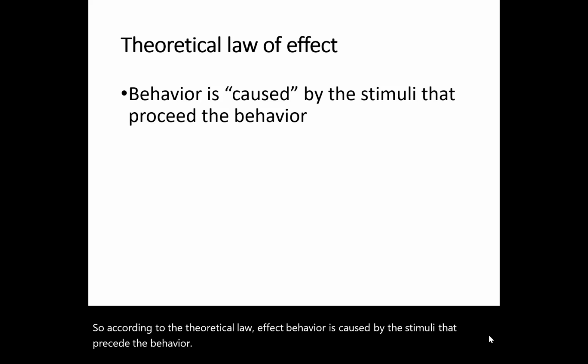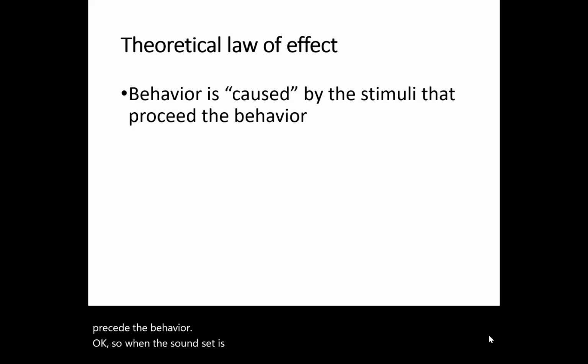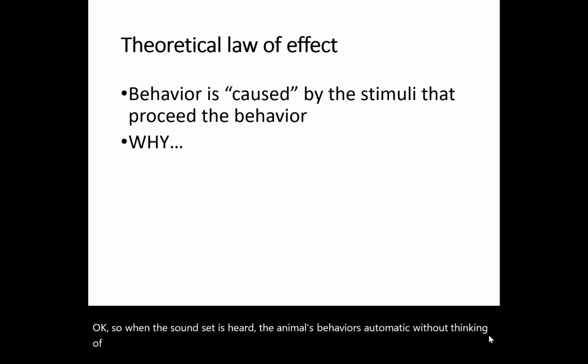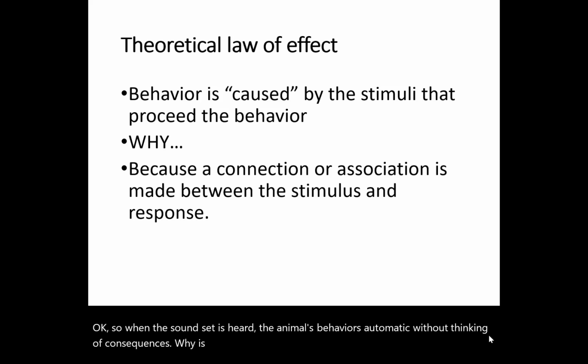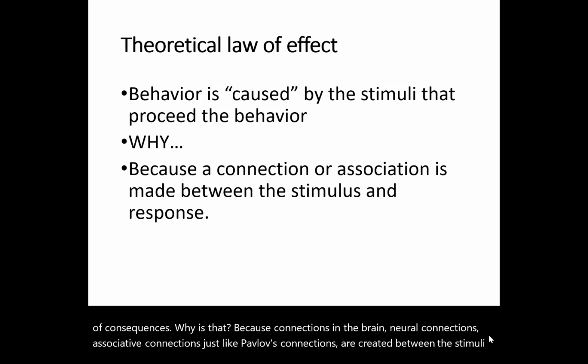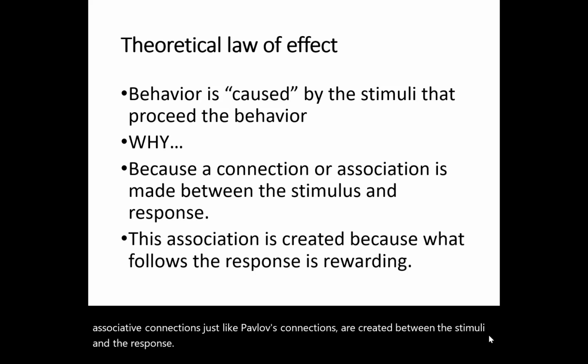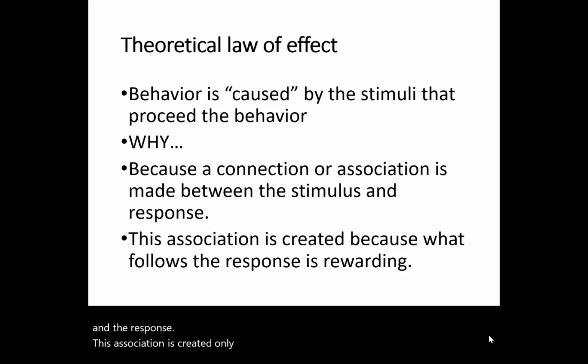Okay, so when the sound sit is heard, the animal's behavior is automatic without thinking of consequences. Why is that? Because connections in the brain, neural connections, associative connections, just like Pavlov's connections, are created between the stimuli and the response. This association is created only when what follows the behavior is rewarding.